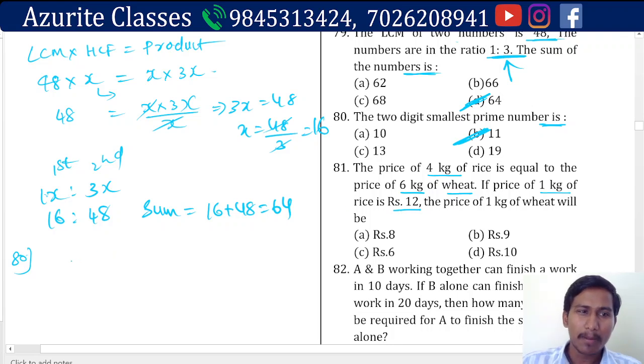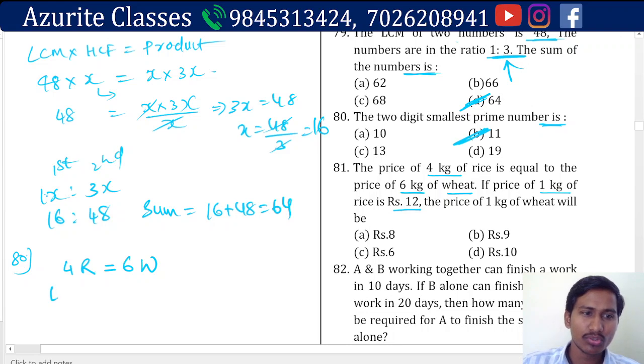So here 4 kg of rice is equal to 6 kg of wheat, okay. So they have given that 4 kg of rice and 6 kg of wheat are equal in price. So here 1 kg of rice is 12, so 4 into 12 we have to do, right?